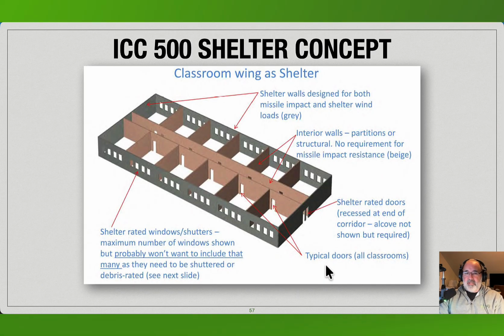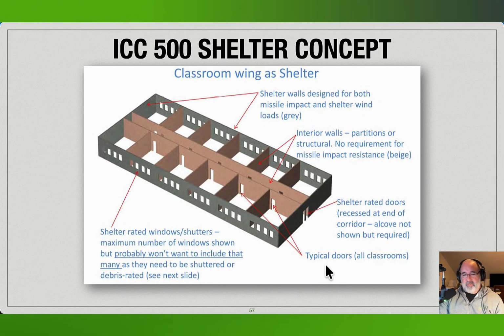ICC 500 shelter concept: classroom as a shelter. We have windows within walls that need to be considered. Shelter walls are designed for both missile impact and shelter wind loads. Interior walls and partitions that are structural have no requirement for missile impact, obviously, if they're inside.